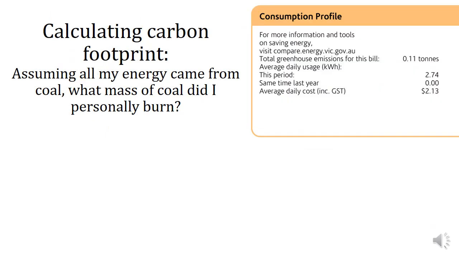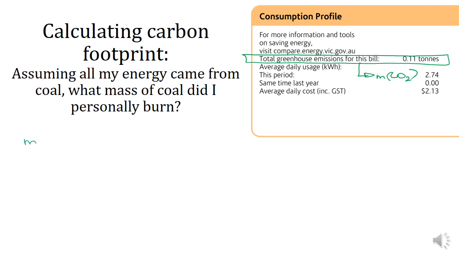So this is a little screenshot from a recent energy bill of mine. You can see that for this bill, I released 0.11 tonnes of greenhouse gas emissions. Now, for my purposes, I am going to assume that this is equal to my mass of CO2.